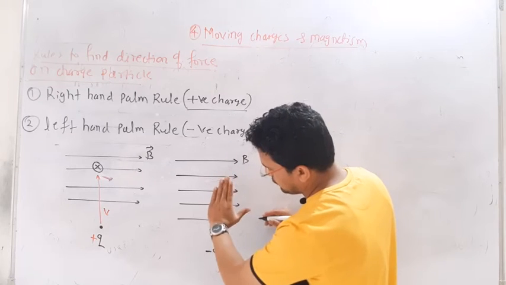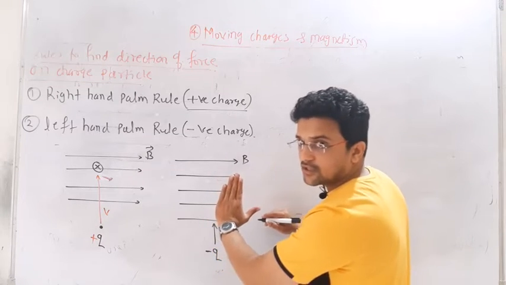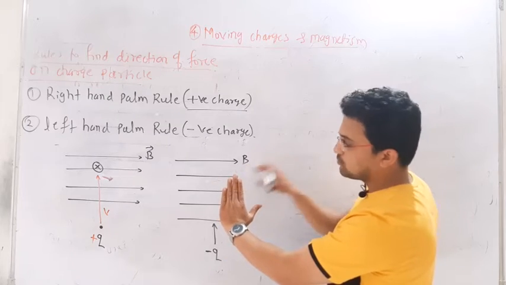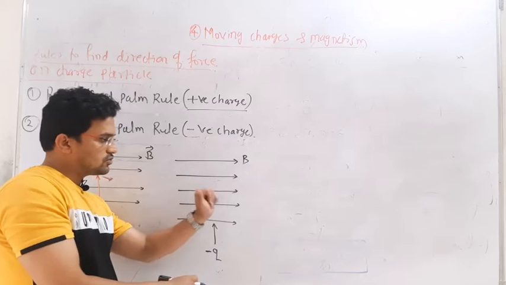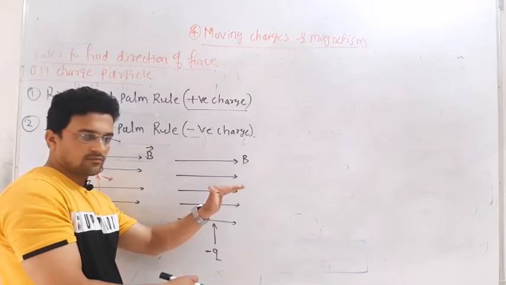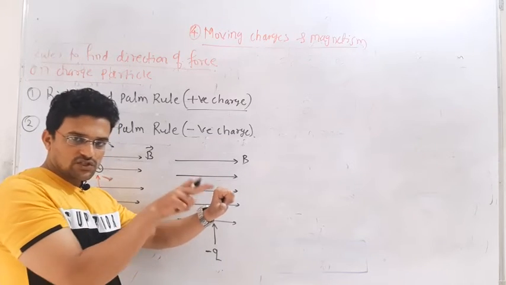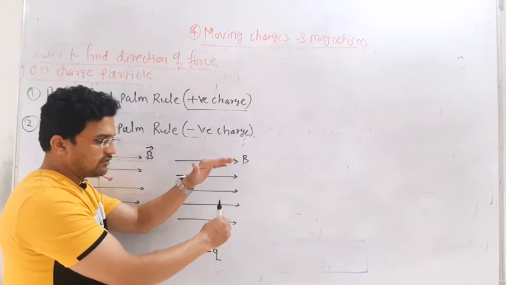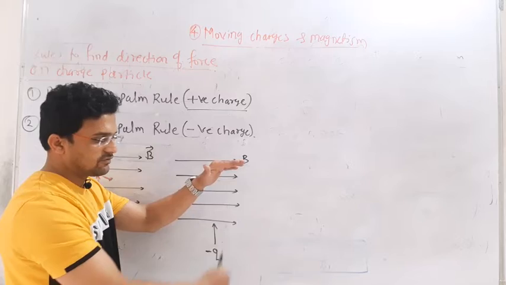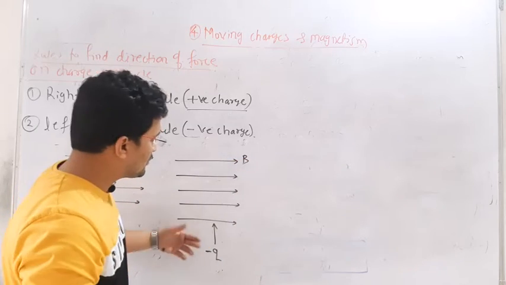Then the magnetic field lines are moving toward this direction, so you have to bend the fingers this way. The thumb represents what? Towards you. That means the charged particle will enter the magnetic field and deflect in this direction, correct? So this is the left hand rule.